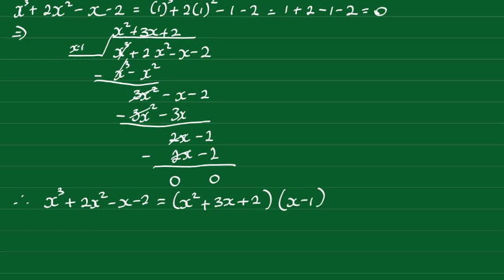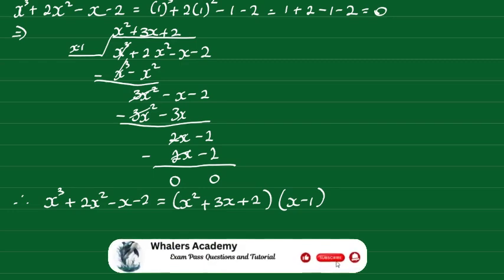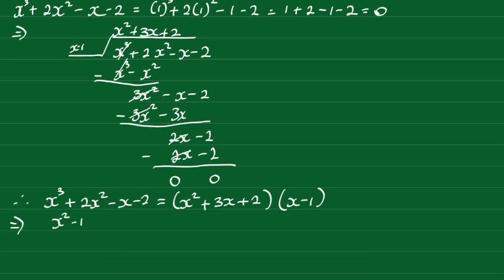So we introduce these into our denominator. Hence, we have it that x raised to power 2 minus 1 divided by x raised to power 3 plus 2x squared minus x minus 2 is equal to x raised to power 2 minus 1 squared.